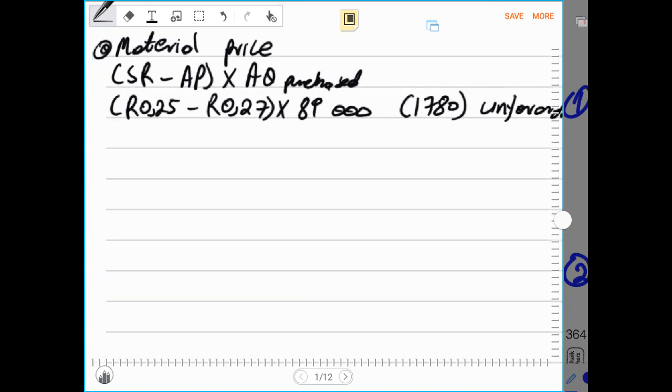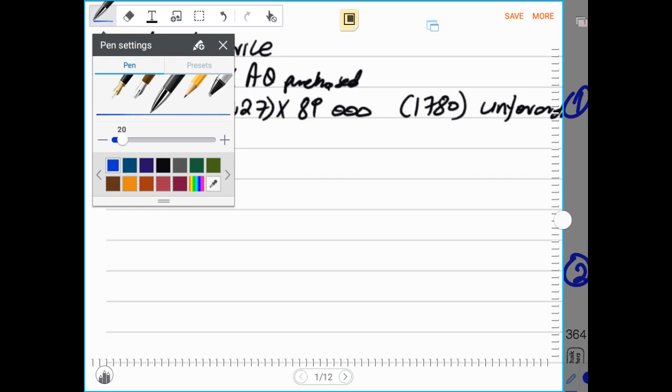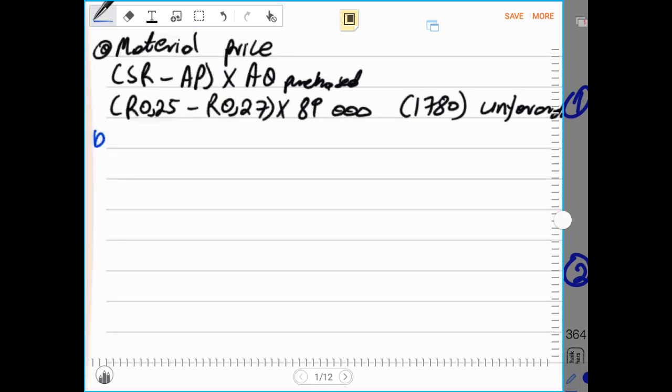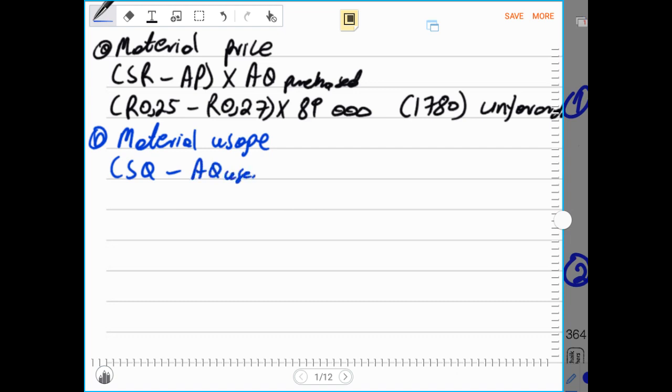Then we go to the second variance, which is variance number B, the material usage variance. Our material usage variance is calculated by standard quantity minus actual quantity used, and we times this by the standard price.